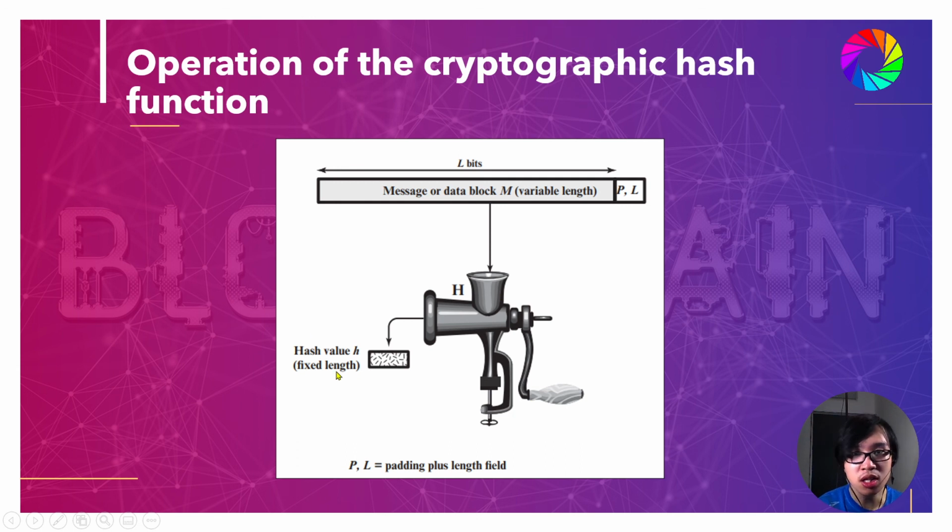So whether we put in 1 megabyte of message, it will get the fixed length like this. Then when we put a message of 2 megabyte to the hash function, you also get the same length as the 1 megabyte hash value. So that means the length of the hash value is a fixed length.